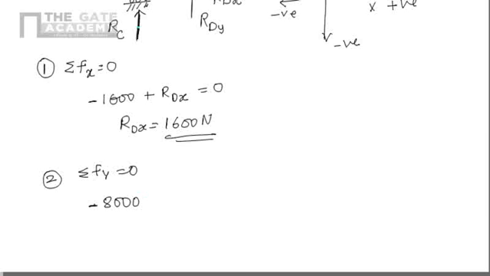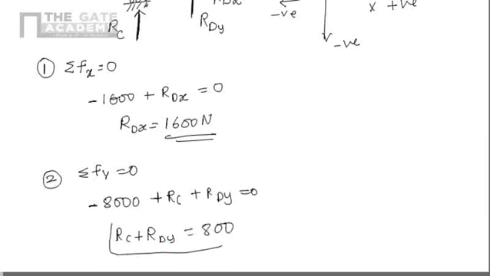Similarly, RC here is acting in upward direction, so plus RC, and RDY is also acting upward, so plus RDY equals to 0. So I will get RC plus RDY equals to 800. So this one will be the equation which shows the relation between RC and RDY, that is nothing but RC plus RDY equals to 800.